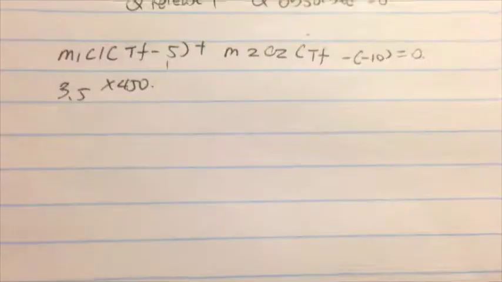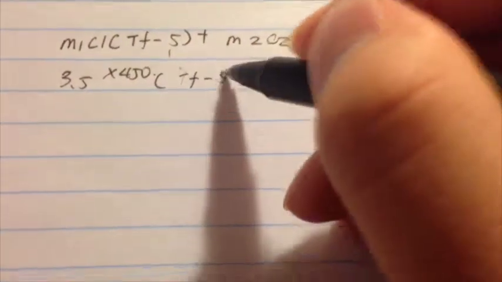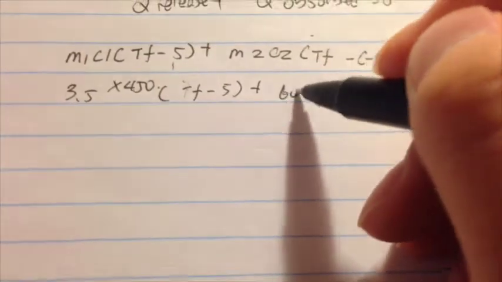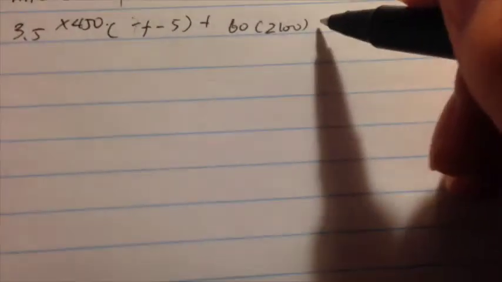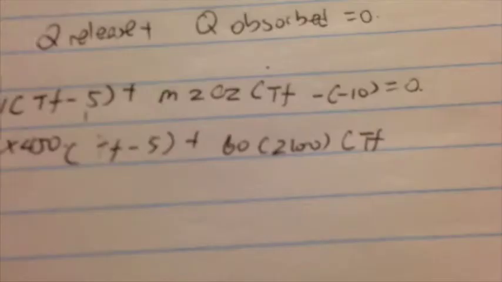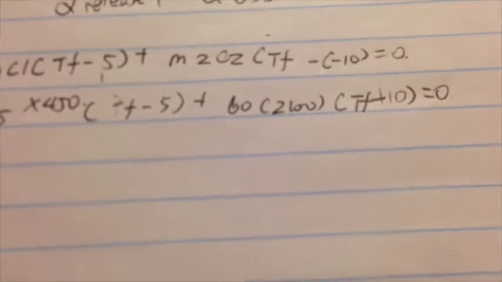So for M1, it's 3.2, and C1 is 450, the specific heat capacity, and TF we don't know, minus 5 plus M2 is 60. The specific heat capacity of ice is 2100. That can also be found in the textbook. And TF we do not know, and because it's a double minus here, the number is added. So we add 10. And then the final answer is still 0.